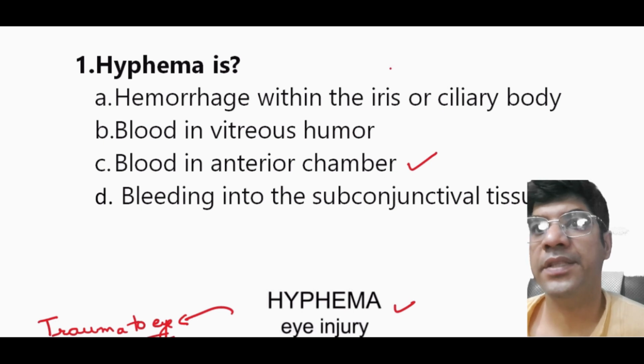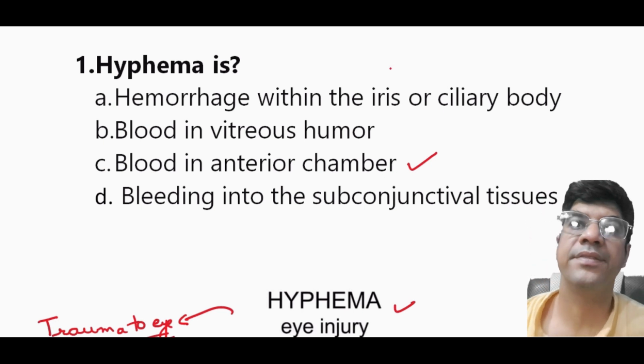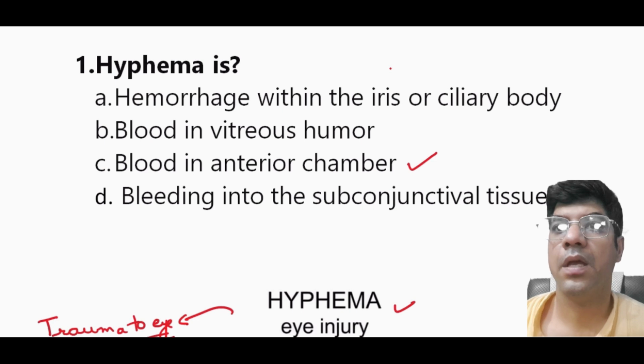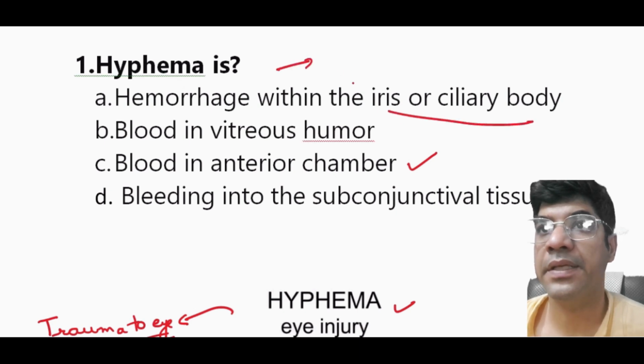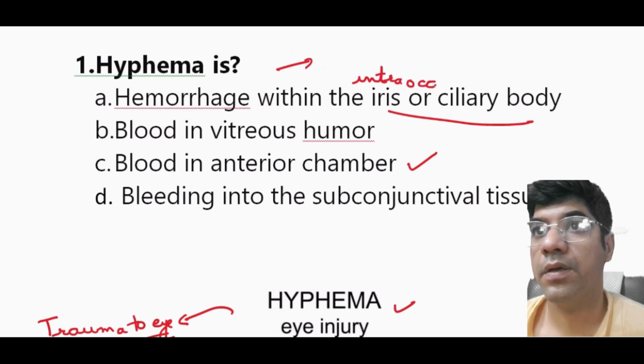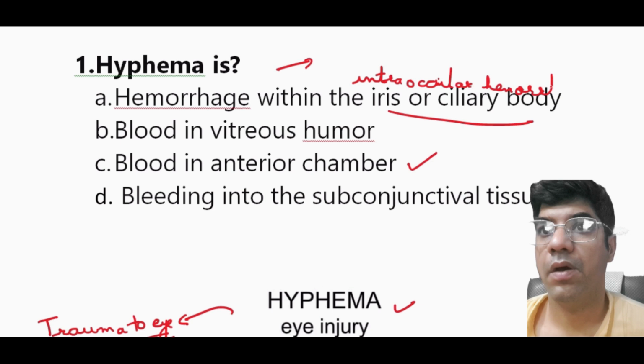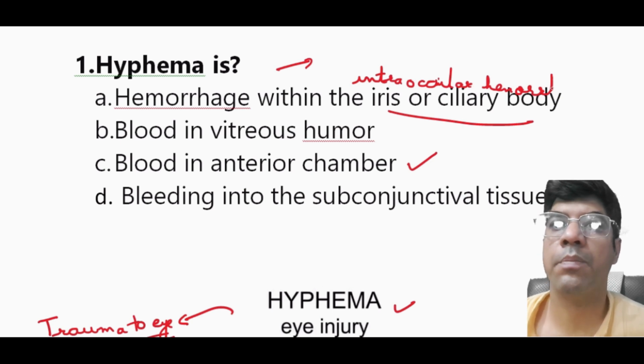The first condition is hemorrhage within the iris or the ciliary body. The term we use is intraocular hemorrhage, or intraocular bleeding.